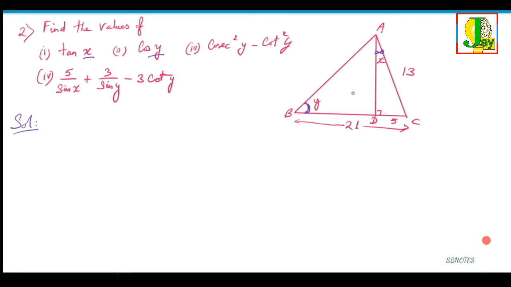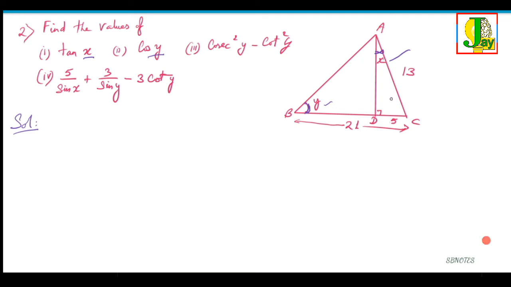Triangle ADC is a right triangle, so we can find all the ratios related to angle x. Again, triangle ABT is a right triangle, so we can find all the ratios related to angle y. Let us first find out the ratios.